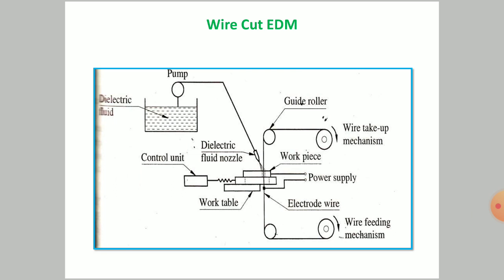The guide roller is rotated, as you can see the direction of rotation is clockwise. The wire take-up mechanism is associated with it. A workpiece, you can see the power supply, electrode wire, wire feed mechanism, then work table, control unit.